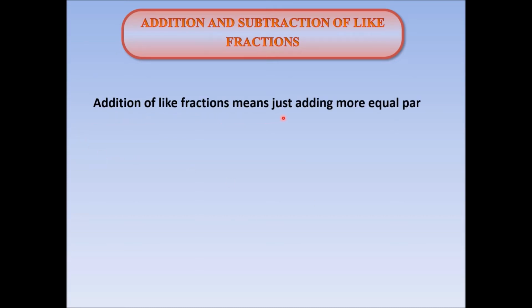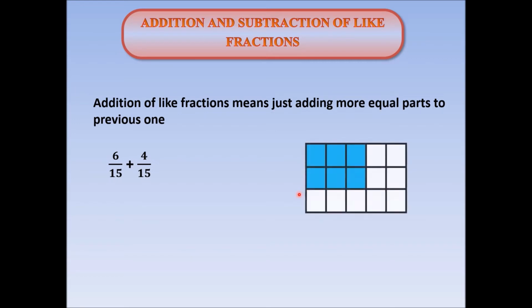So coming to the addition and subtraction of like fractions, it's simple. The addition of like fractions means just adding more equal parts to the previous one. Here I am taking the example of adding 6 by 15 and 4 by 15 with this picture to make you understand.